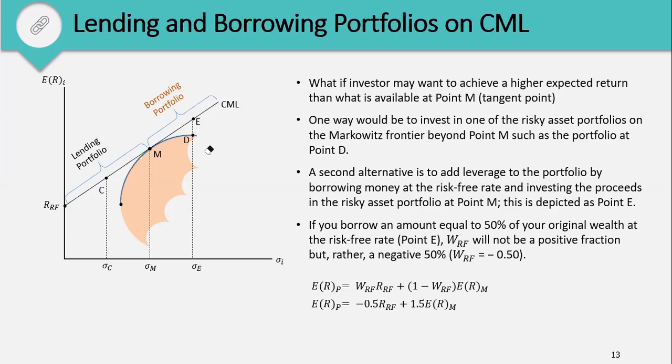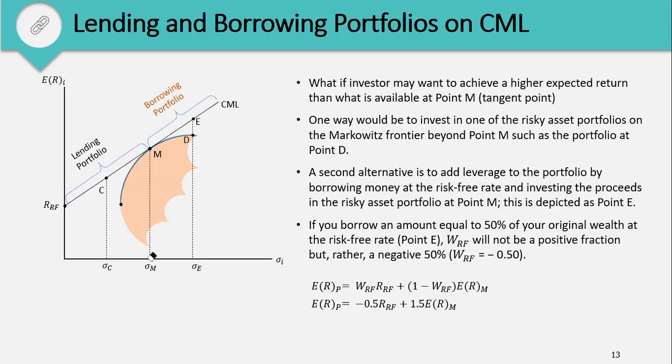So let me explain that. Why is this happening? As we identified, the best portfolio to invest in here is the market, because it gives you the highest risk premium for a given unit of risk. So what if there is an investor who doesn't want to go for that much high risk?